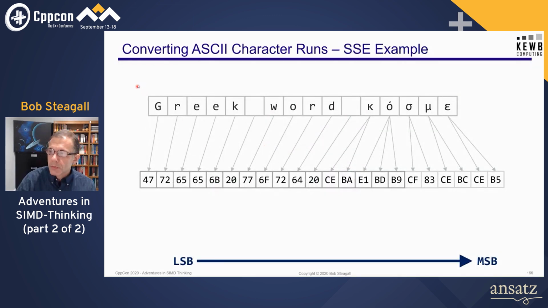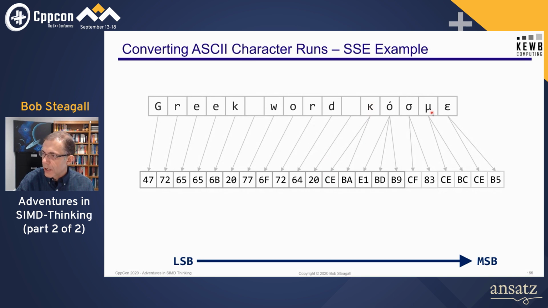So let's assume that I have this input sequence, the Greek word cosme. I'm told that's how that's pronounced. So when you take these Unicode UTF sequences, these code points that make this up, and you unpack them into a UTF-8 stream, this is what you get. So the first 11 characters here are all ASCII, so they all map to a single byte or a single octet.